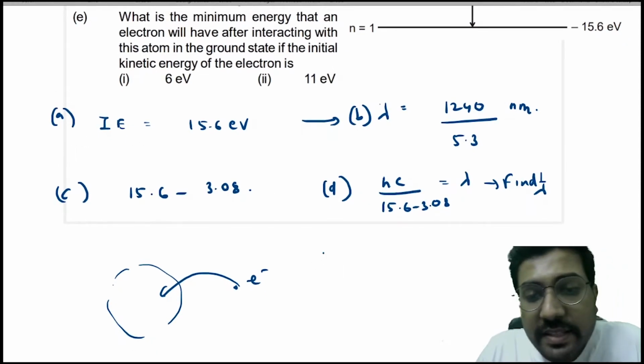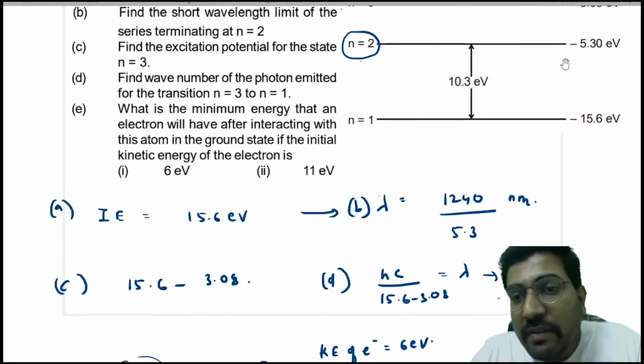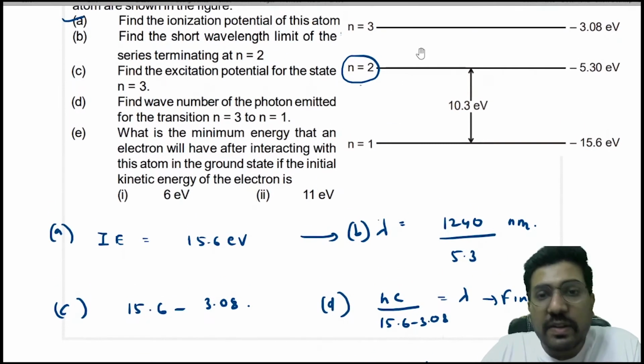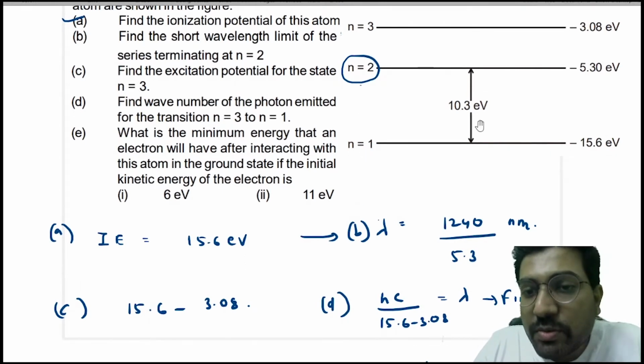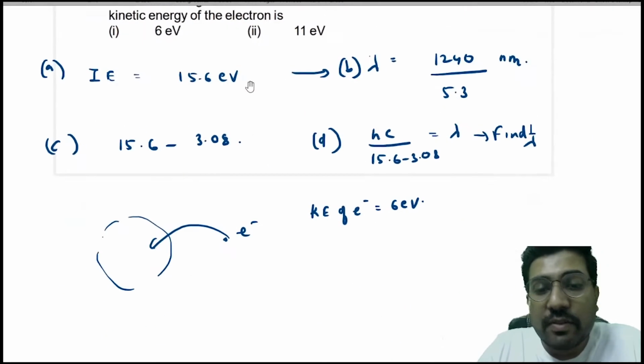In the first case, the kinetic energy of the electron is 6 electron volt. And the minimum energy required for excitation is 10.3 electron volt, from 1 to 2, because every atom we will assume is in the ground state. So if you want to excite it from 1 to 2, you will need at least 10.3 electron volt energy.